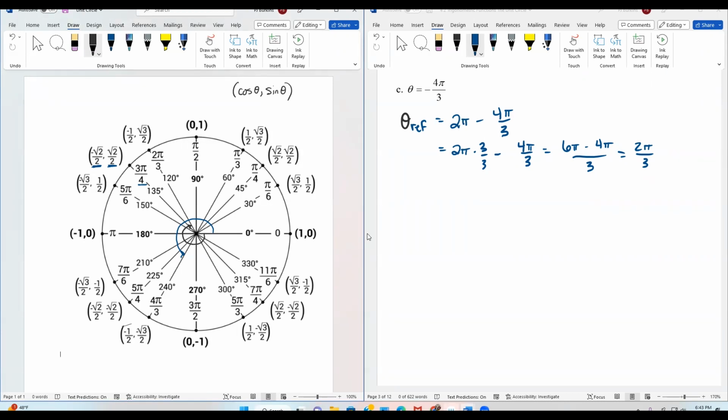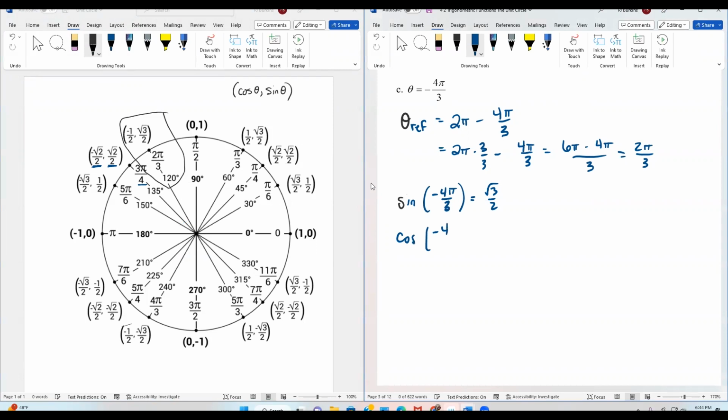All right, so once we have the angle that we can use instead of the one that's there, we know where to look on the unit circle. We are looking currently here. And so we just need to use that now to calculate all of the pieces. So sine of negative 4 pi over 3 is equal to root 3 over 2, the y component.